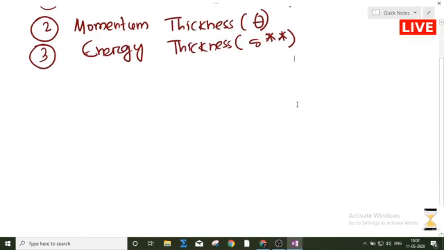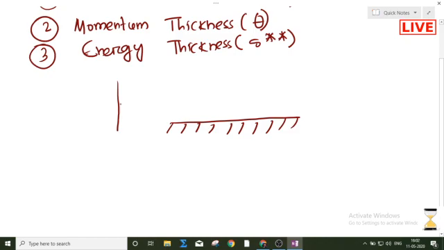What will happen when a flow is happening? Suppose this is my solid boundary, and this is my free stream velocity. Free stream velocity means the velocity which has not come in contact with the solid surface, when velocity is constant and uniform throughout the depth.